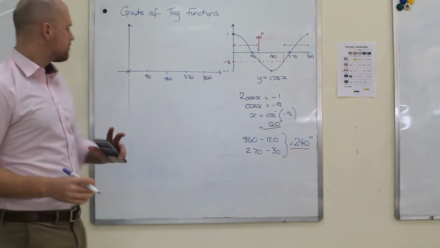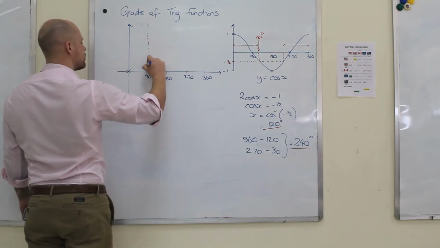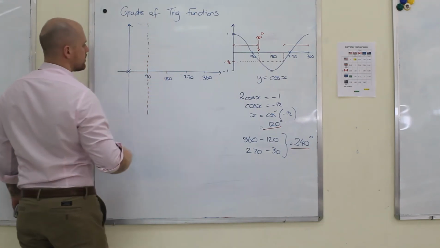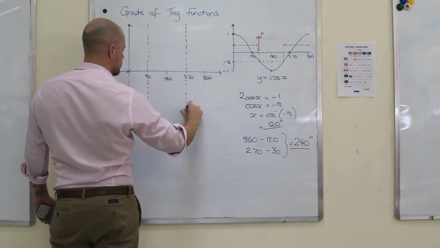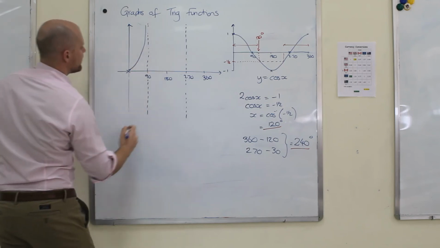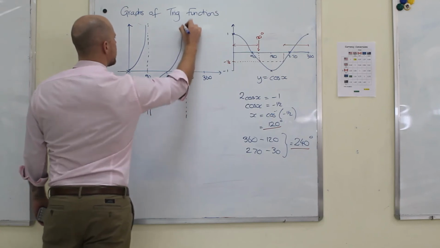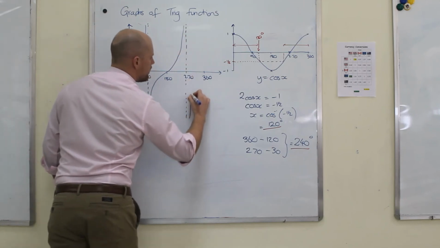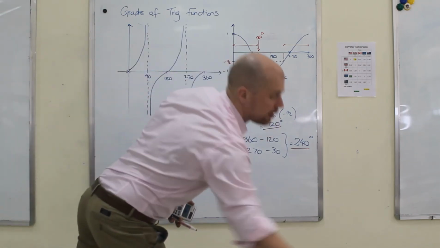But there are asymptotes. An asymptote is where the line of the graph never crosses. There's an asymptote at 90 degrees and an asymptote at 270 degrees. The graph comes up like that, passes through 180 at 0, comes back up, jumps back down again, and then comes back at 360.